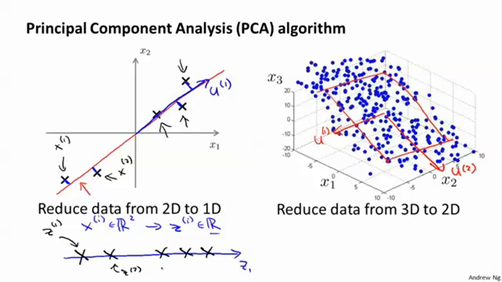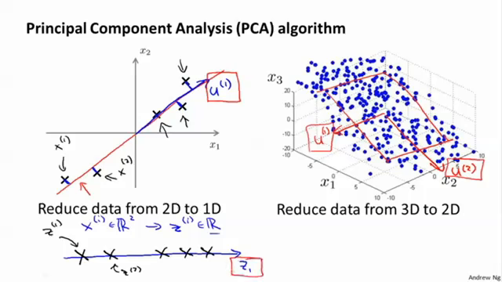So what PCA has to do is come up with a way to compute two things. One is to compute these vectors, u1, and in this case u1 and u2, and the other is how do we compute these numbers z.